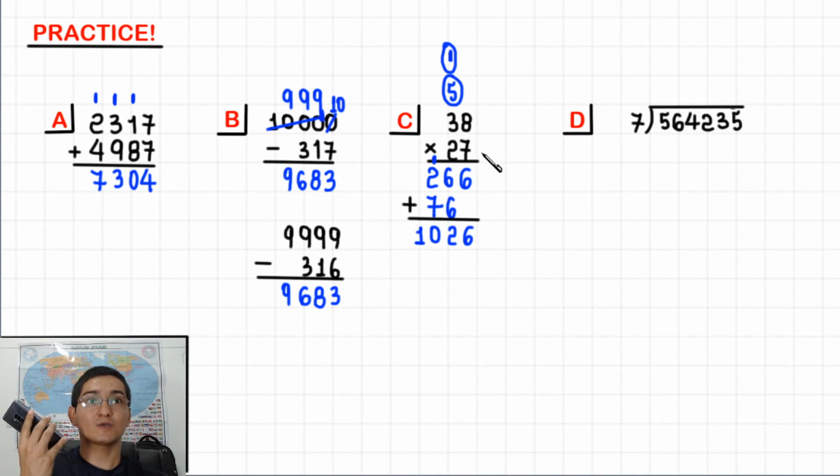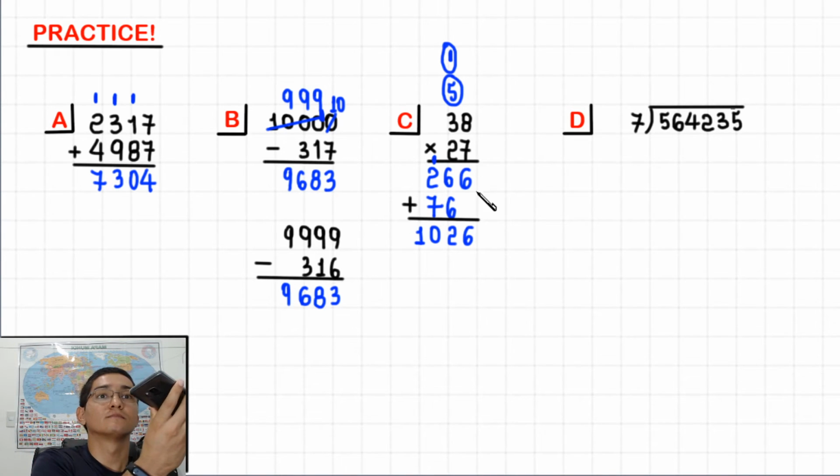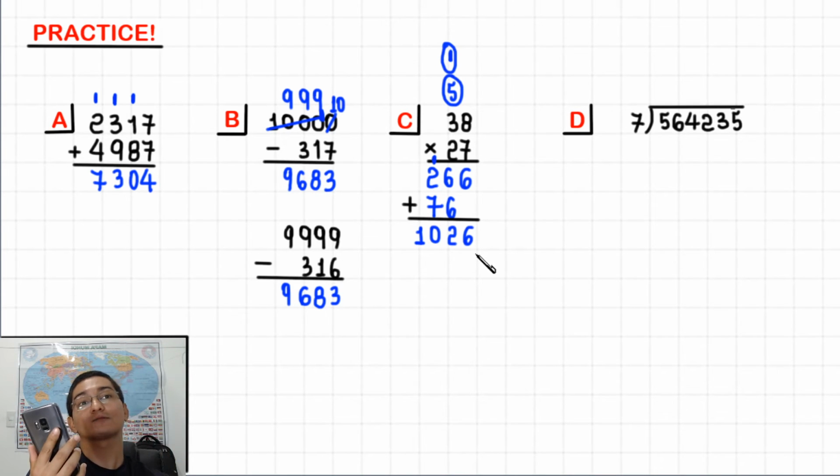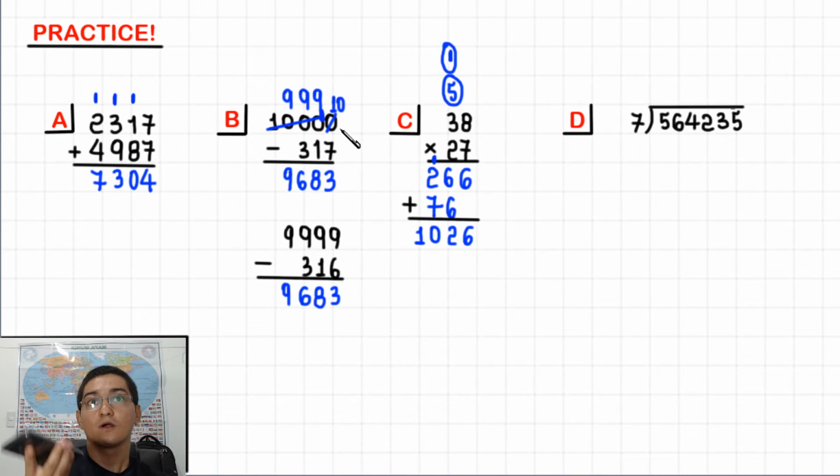What is 27 times 38? The answer is 1026. Now it worked. I will try again this subtraction here. What is 10,000 minus 317? 10,000 minus 317.